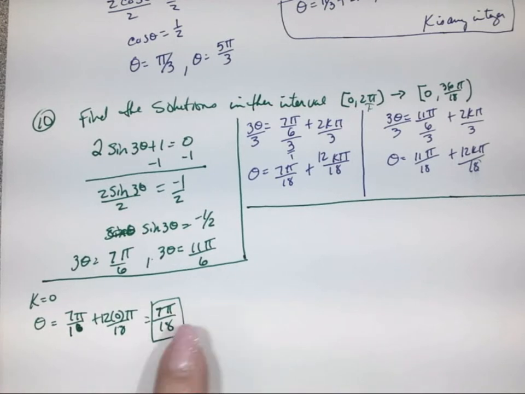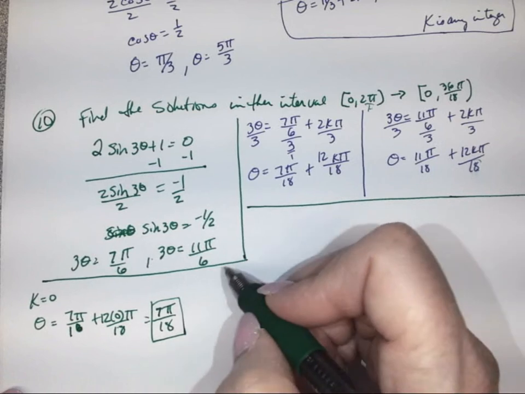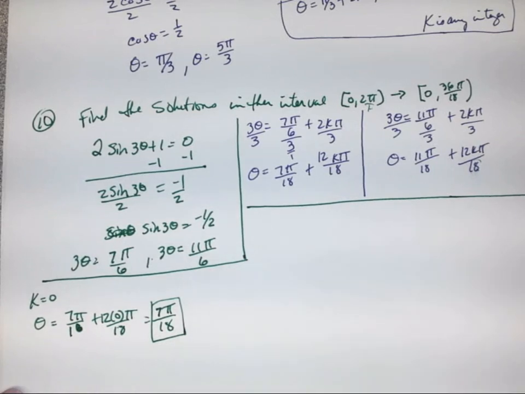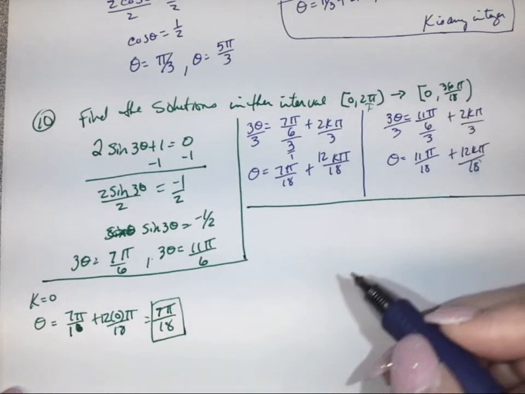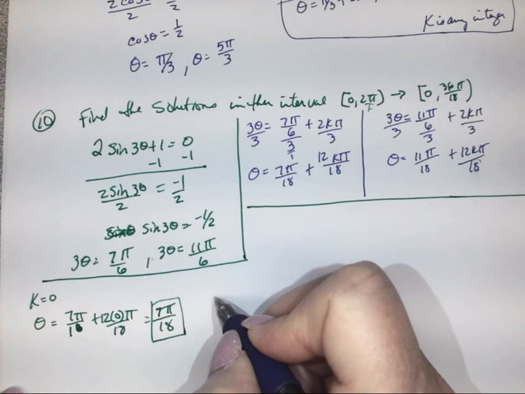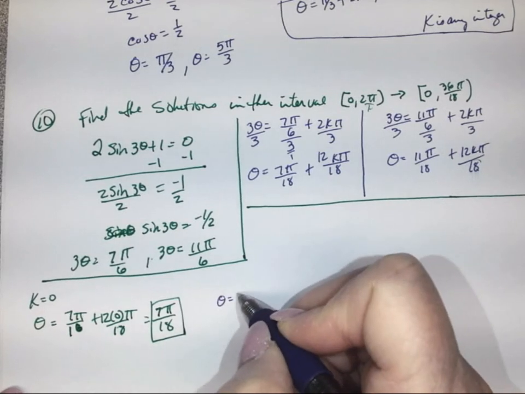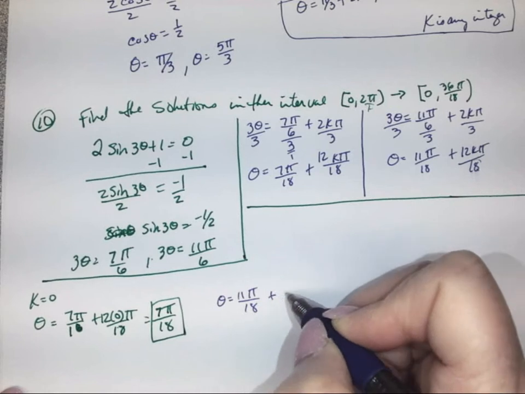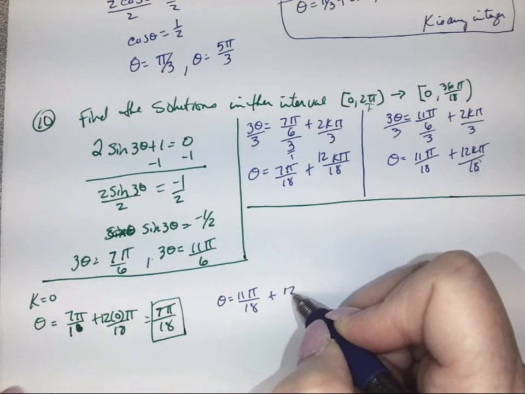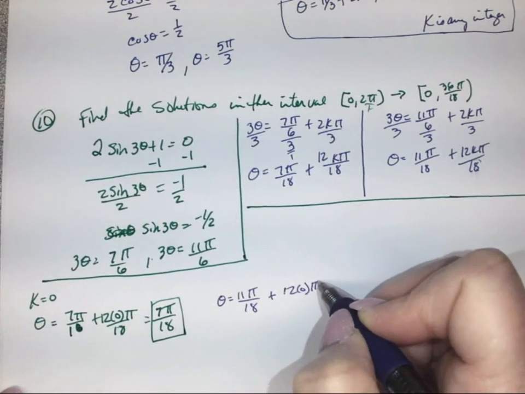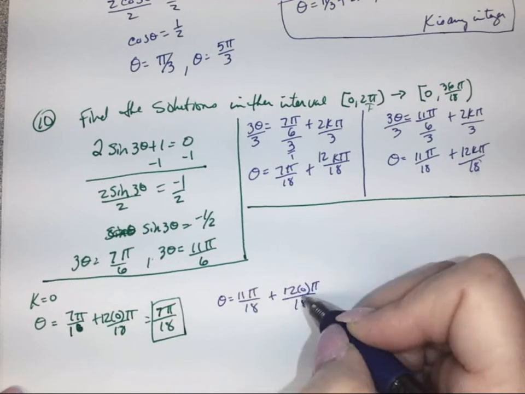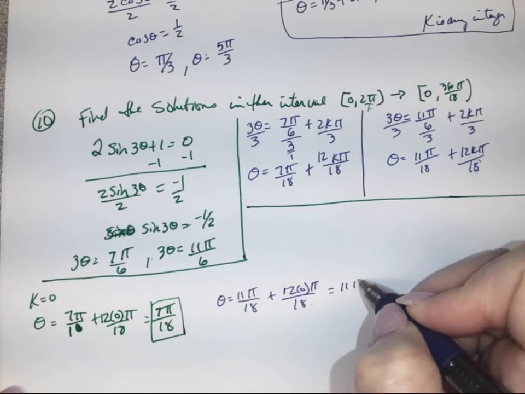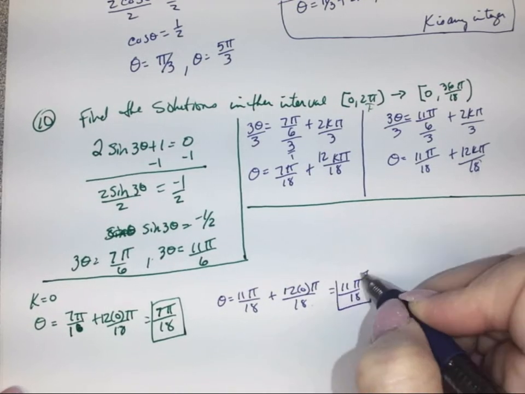And what we do to this one, we're also going to do to the other one. Let me change colors here so we can see it. We have theta is equal to 11 pi over 18 plus 12 times 0 pi over 18. Again, this will be 0, so it'll be 11 pi over 18.